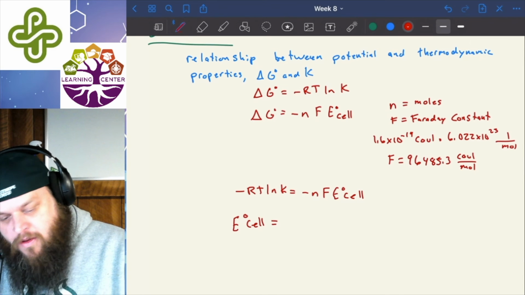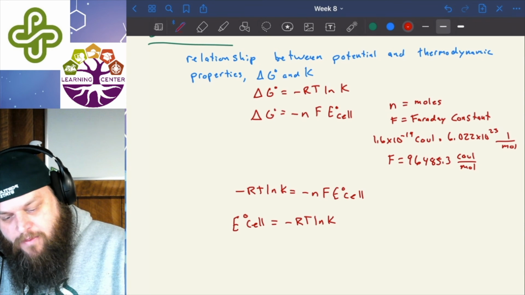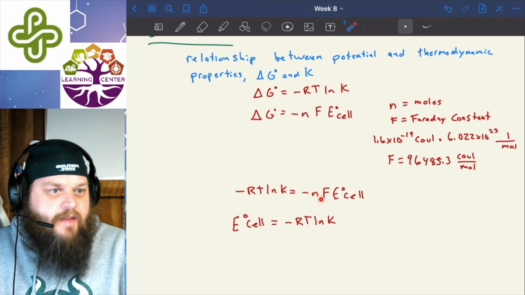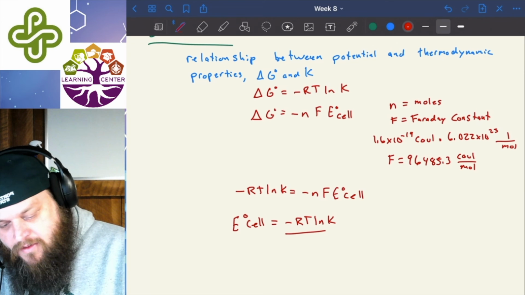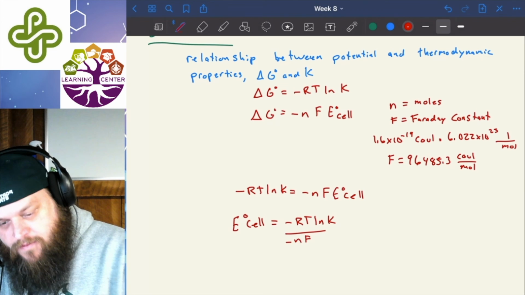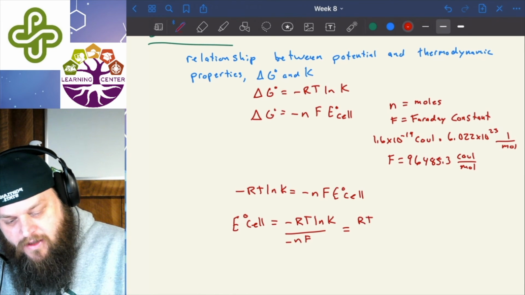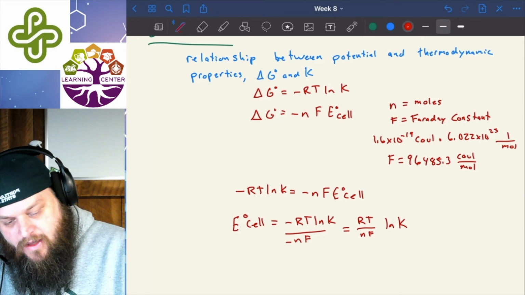That's going to equal basically what's on the left-hand side, RT ln K. But we're going to divide it by the coefficients of that cell potential on the right side now. So divided by negative NF. We see that some things cancel out, mainly the negative signs. We end up with RT over NF times the natural log of K.